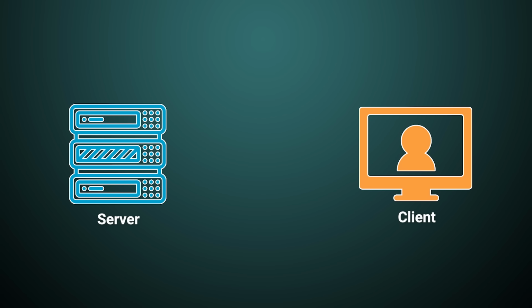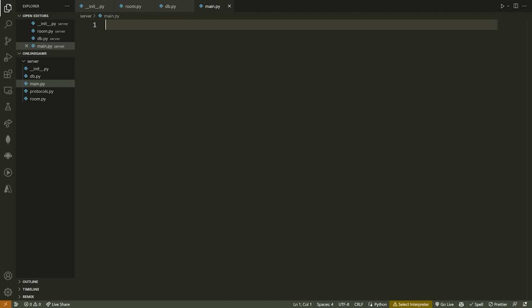We connect those together, and then we can send messages from the client to the server or the server to the client, and the server can facilitate which clients it wants to send different messages to. So in our case, the server will act as kind of the manager of different messages, per se, and it will allow us to send different messages to clients that are in the same room or are in the same game.